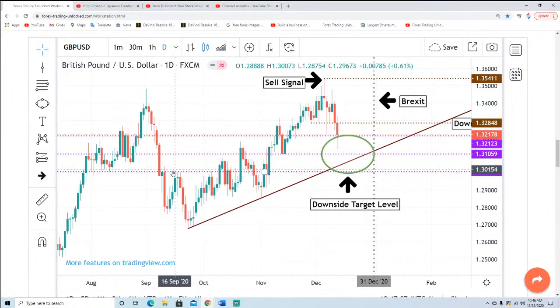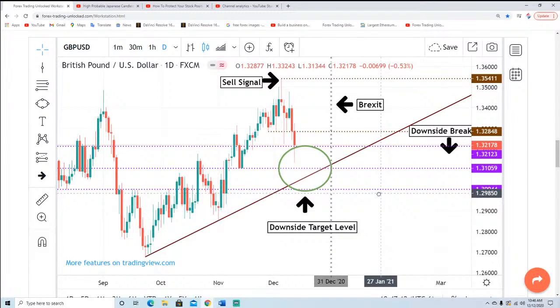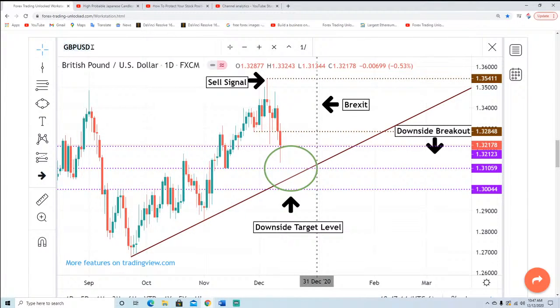This is an area where you had a lot of, it was either support or resistance, so it's pretty tight around here. I'm not expecting much of a sell-off below that unless we get a major dollar rally, and I don't see that with a Biden administration coming in right now.